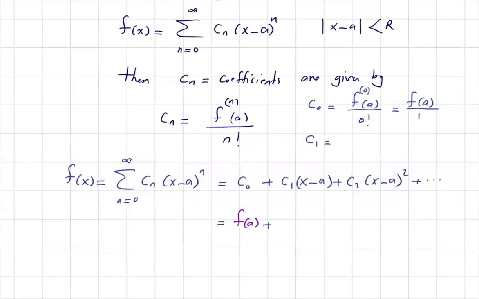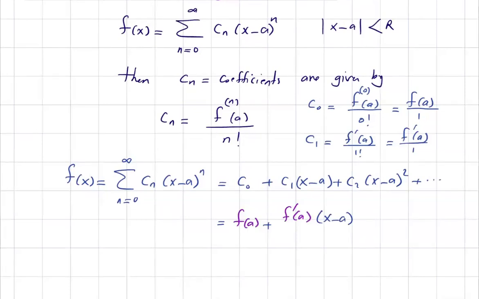Let's calculate c sub 1 for you. C sub 1 is the first derivative of f evaluated at a divided by 1 factorial, or f prime of a divided by 1. So you get plus, for c sub 1, the derivative of f at a, and then multiply that by x minus a. You can continue this process.